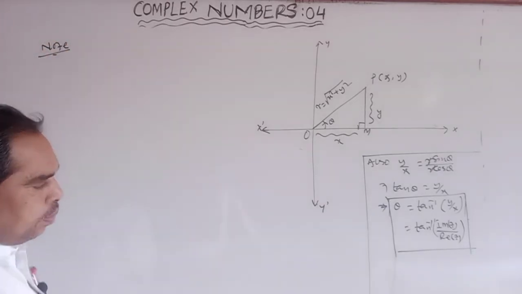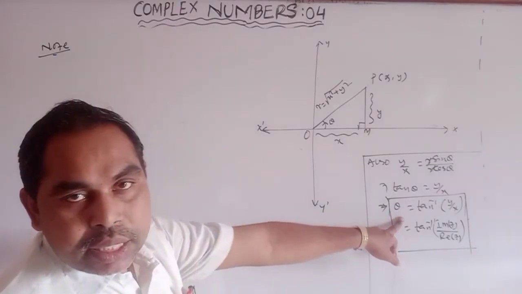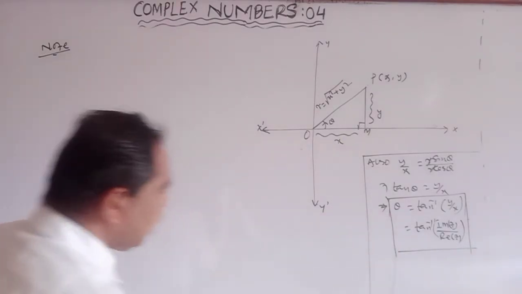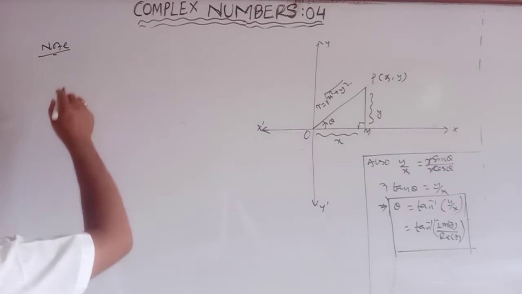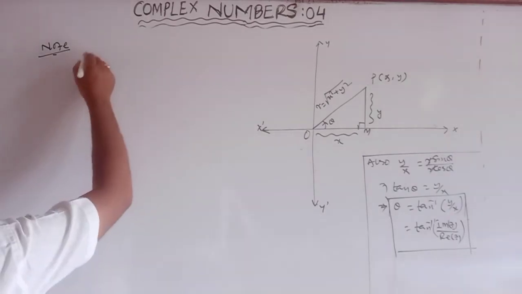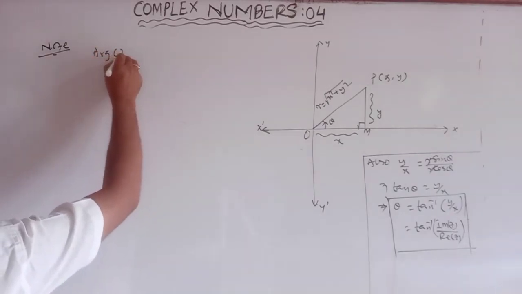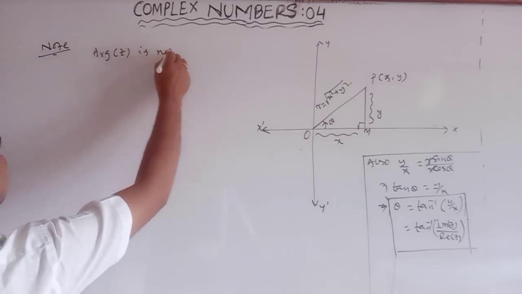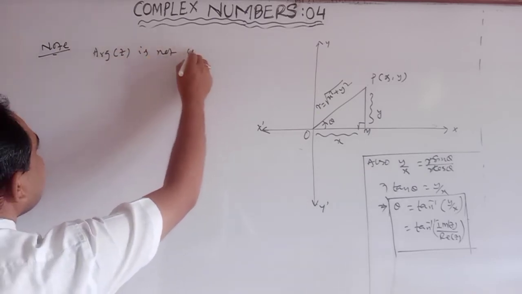This theta is not unique, means argument of z is not unique.